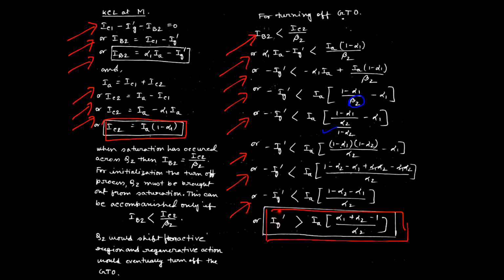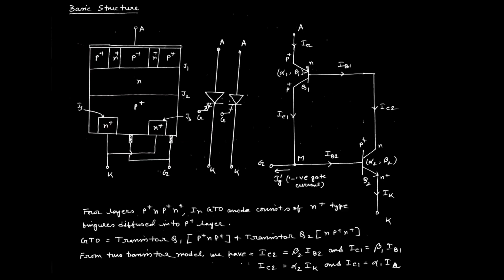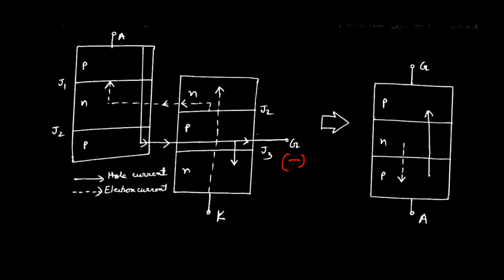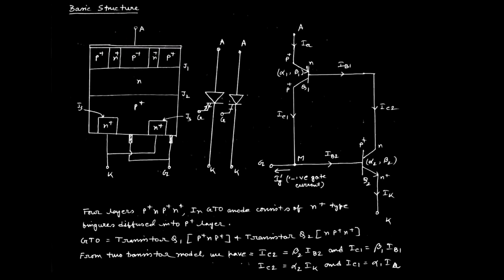That means if IG dash is greater than IA, IA meaning the anode current, then we can say in the previous diagram, if IG dash is greater than IA, the total anode current will be bypassed through the gate. No current is entering the cathode. That means we can say the device is in the off state.